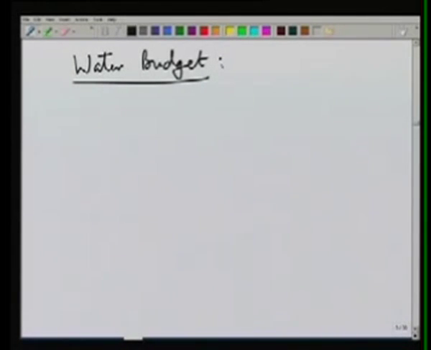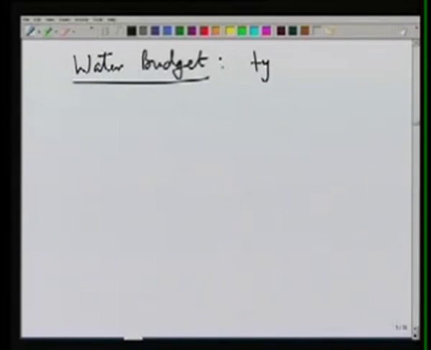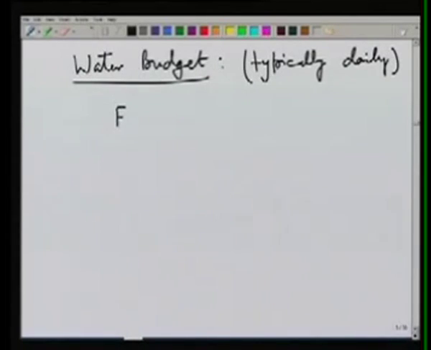In the water budget, typically we take a time period of sometimes a day or a week or a month, typically a day. So what is the amount of water coming in and going out in a day? And using the water budget, we can write an equation like this.